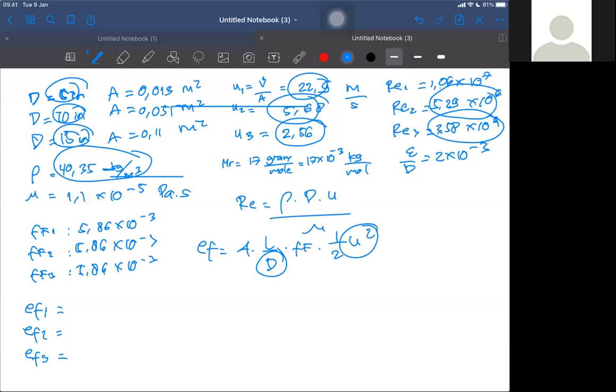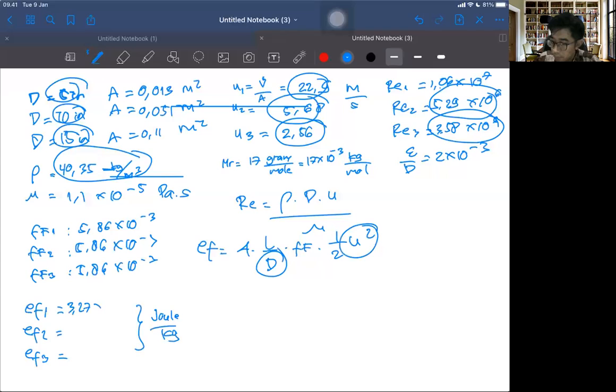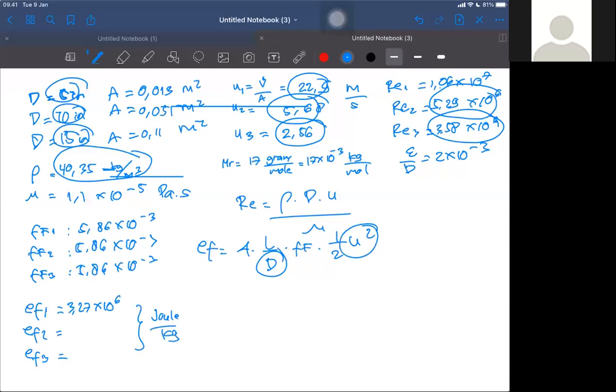Sir, for EF1, I got 3.27 times 10 to the 6. Okay. The length is 70 kilometers.